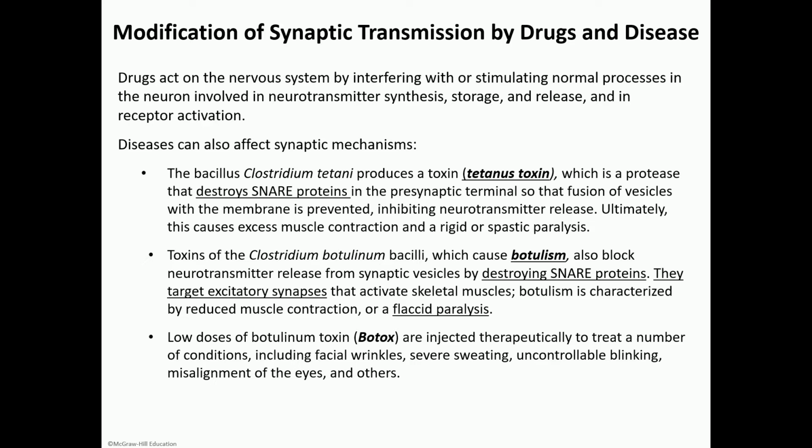We can inject the toxin, and that would lead to the flaccid paralysis of their sweat glands. We can give it to patients that have uncontrolled blinking. It helps in that condition, and in the malalignment of the eyes. And there are other diagnoses that we could use it in as well.